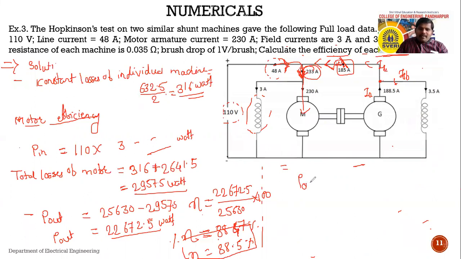See, output power of the generator, P out, it is equals to, what is the output current of the generator? P into I formula आहे. Generator चा output current किती आहे?